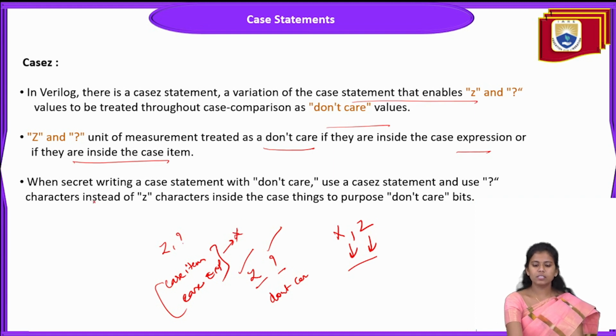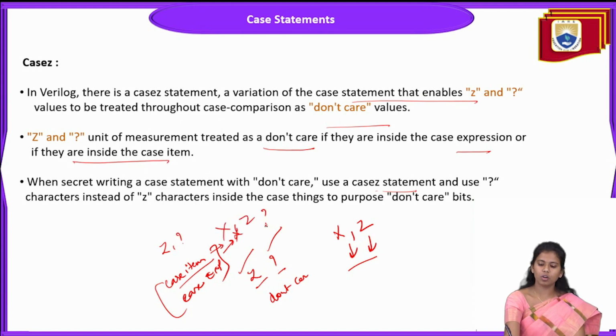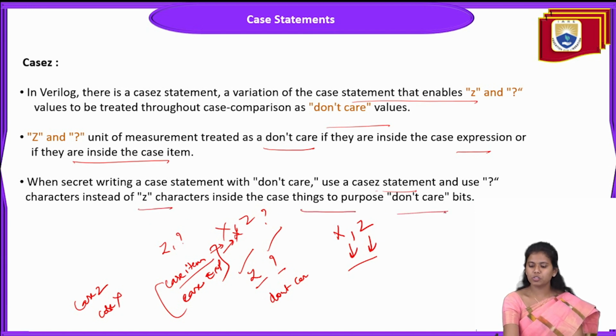So when writing a case statement with don't care, use a case Z statement. If you are observing the value anywhere in the case item as X or Z or question mark, simply mention case Z or simply mention case X. So the Z characters inside the case are treated as don't care bits.